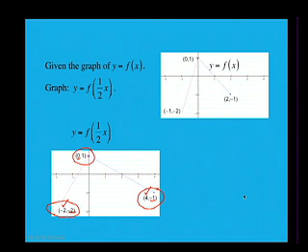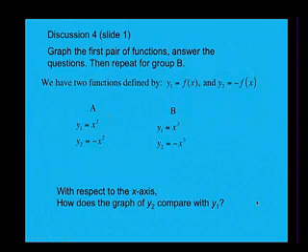All right, the next thing I want to do with you is to discuss reflections. So we're going to take a look at what happens when we have two functions defined, y sub 1 equals f of x and y sub 2 equals negative f of x.